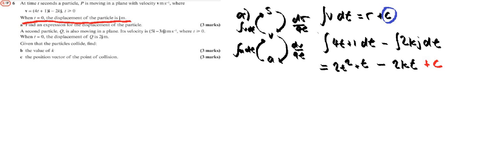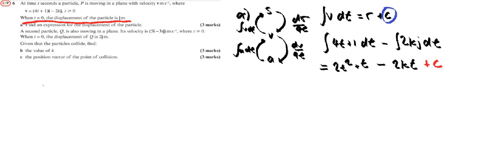So now I've got my integral, but I've got a c, I've got an unknown. Basically, when we differentiate, constants become 0, they disappear. So therefore, when I integrate, I've kind of lost the information. I have to find out what c is.